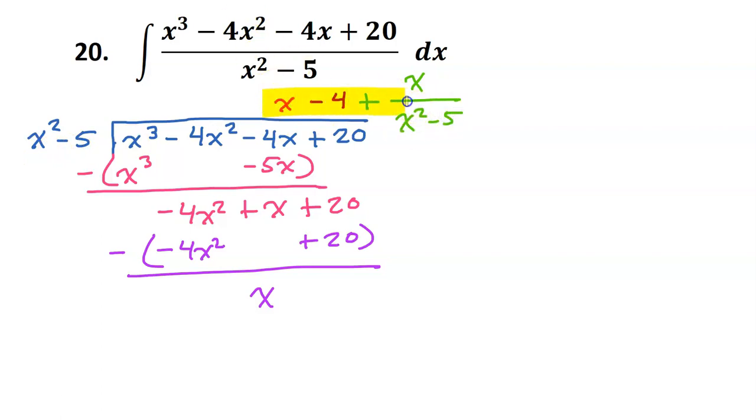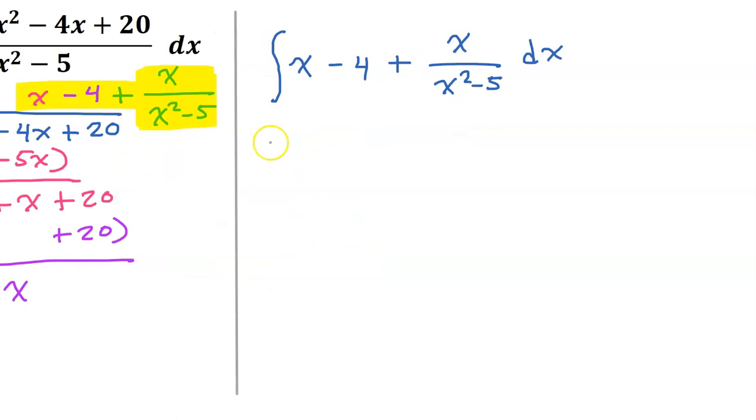So this is what I will use to replace my original integrand. So the original problem can be rewritten this way. Now I will integrate term by term. The integral of x is x squared times 1/2. The integral of negative 4 is negative 4x.